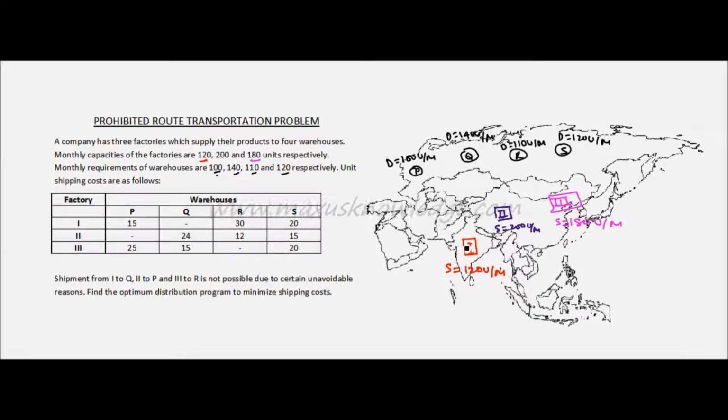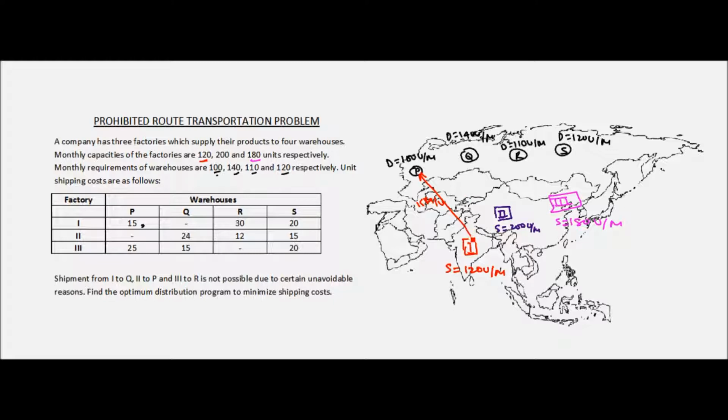Now for shipping material from factory 1 to warehouse P, the cost given to us is 15 rupees per unit.